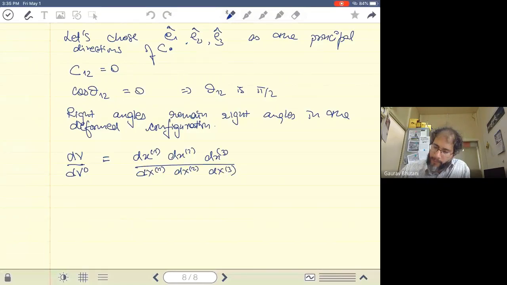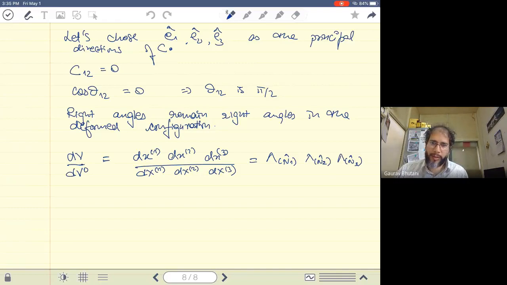And using our stretch ratios, we can actually write them as lambda n1, lambda n2, okay, because d small x by d capital X is nothing but stretch ratio lambda. But remember that n1, n2, and n3 are the principal directions in this case.